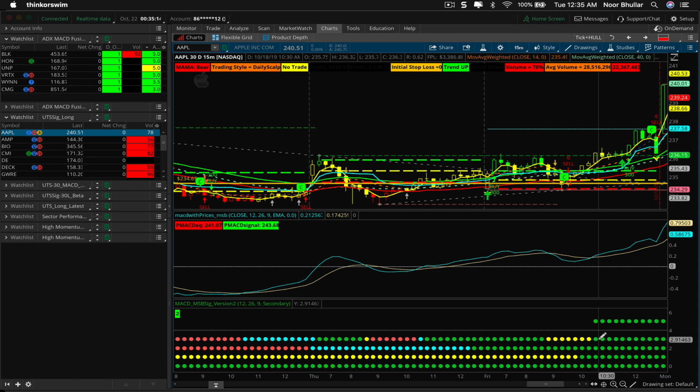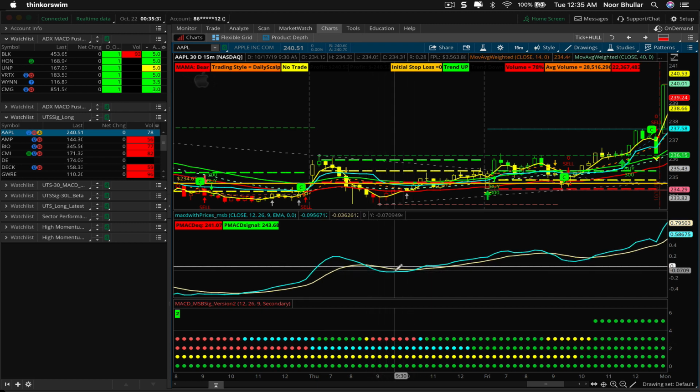In other words, your MACD is trading above the 9-period exponential moving average. And when it is green across the board, it's also telling you that it is above the zero line as well, right? So this is above the zero line. In this case, when it turns red here, it has dropped below the zero line as well as below its moving average, and that's why nothing is aligned on the top bar.